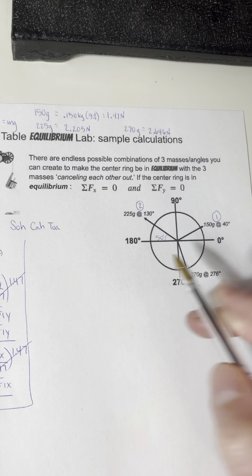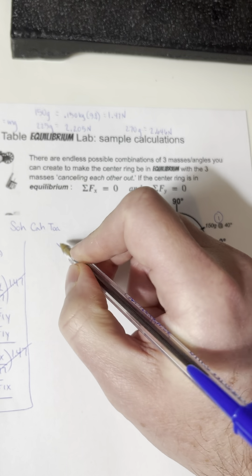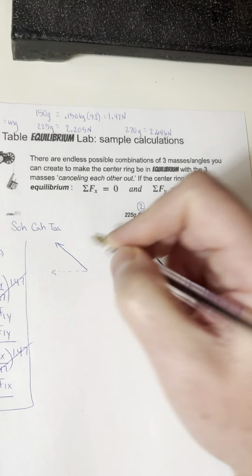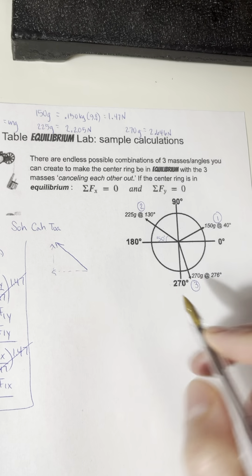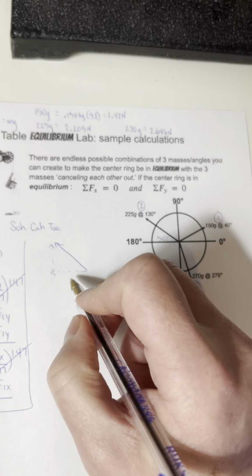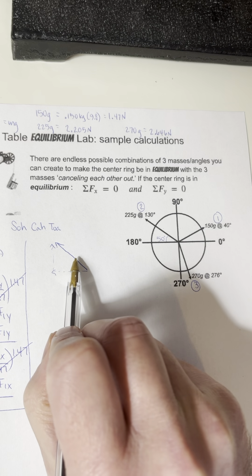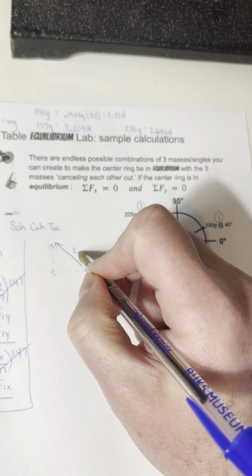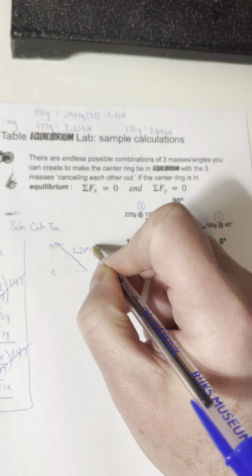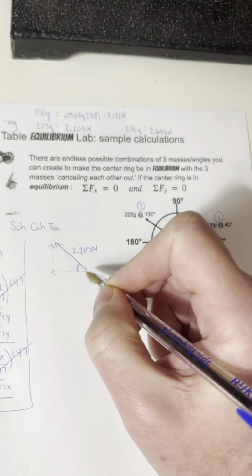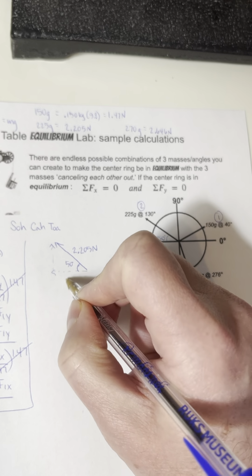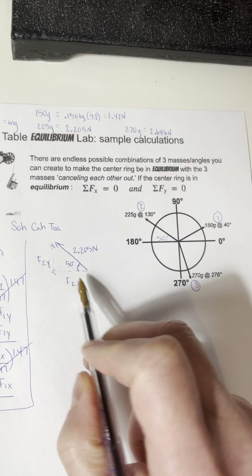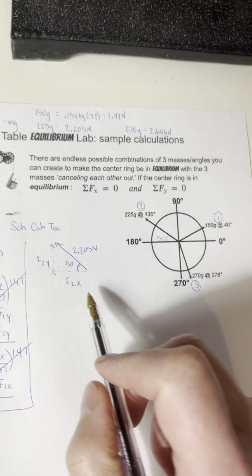So when we draw this triangle in isolation, and this is what we're calling force 2, that weight for 225 grams is 2.205 newtons, and this is a 50-degree angle, so we'll call this F sub 2x, F sub 2y, the horizontal and vertical components of force 2.